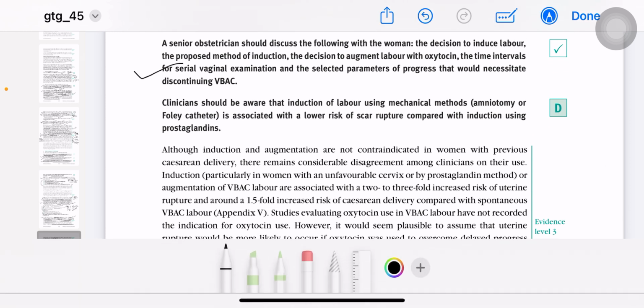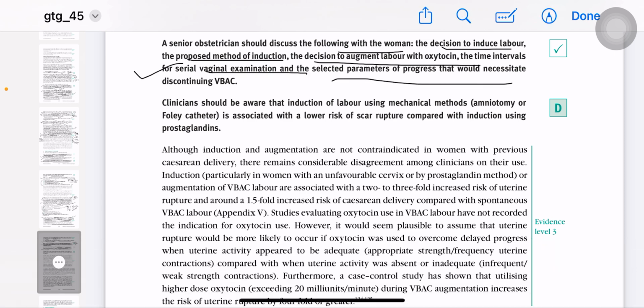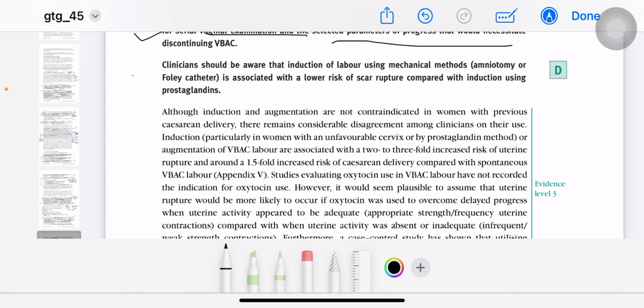A senior obstetrician should discuss with the woman the decision to induce labor, the proposed method of induction, the decision to augment labor with oxytocin, the time interval for serial vaginal examination, and selected parameters. So whenever the patient wants induction of labor, you have to discuss all the parameters. Clinicians should be aware that induction of labor using mechanical methods, amniotomy or Foley catheter, is associated with a lower risk of rupture compared with induction using prostaglandin.